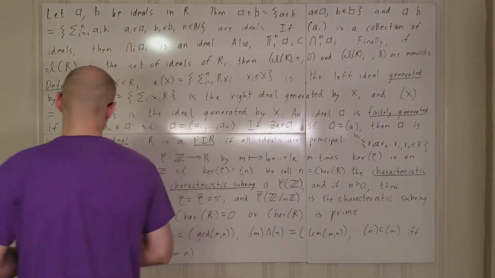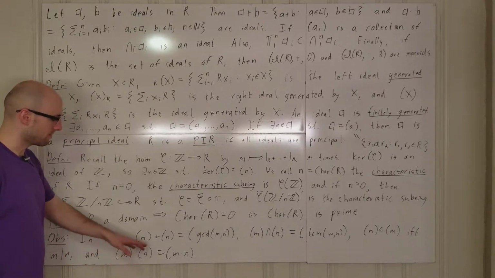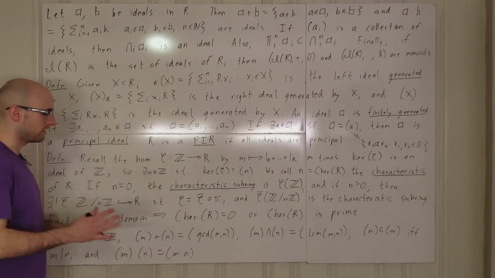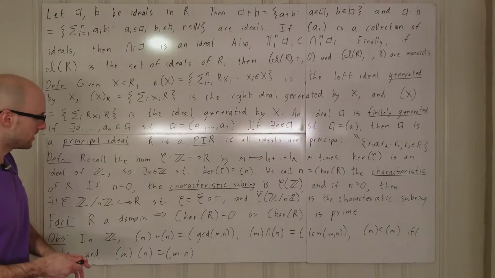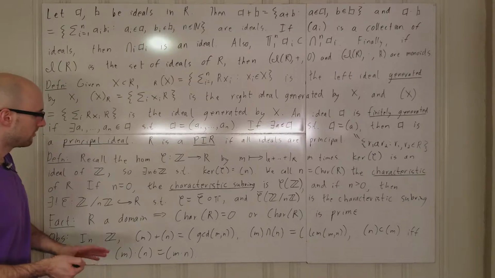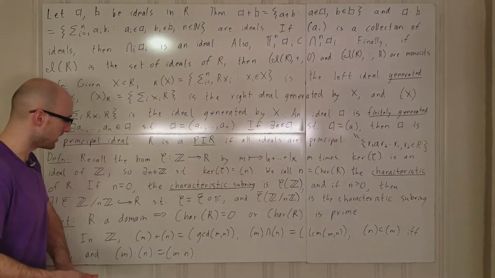Another thing to observe, if we're just considering ideals in the integers, then the ideal generated by n, added to the ideal generated by m, gives you the ideal generated by the greatest common divisor.